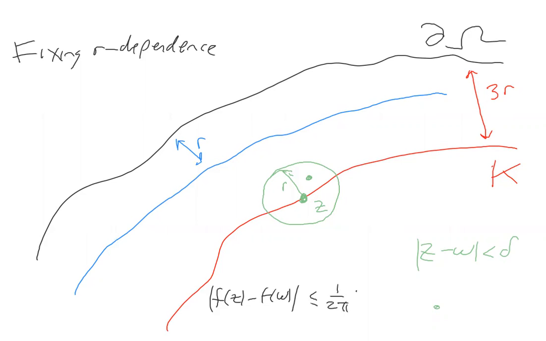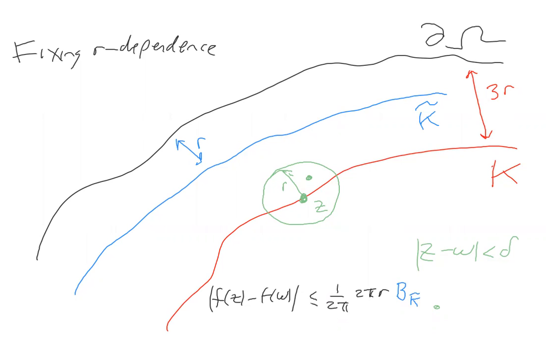So it would be 2 pi r, and I did 2r before, but we're going to do radius r. And then we'll have the bound of f. And for the bound of f, because we start off with the set K, let K tilde be this bigger compact set that's the points that are at least r from the boundary of omega. So I can then put in a bound depending on K tilde.